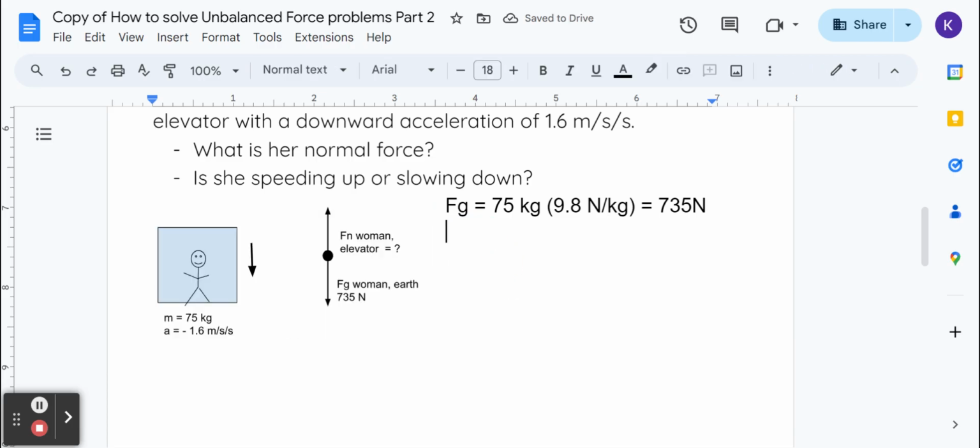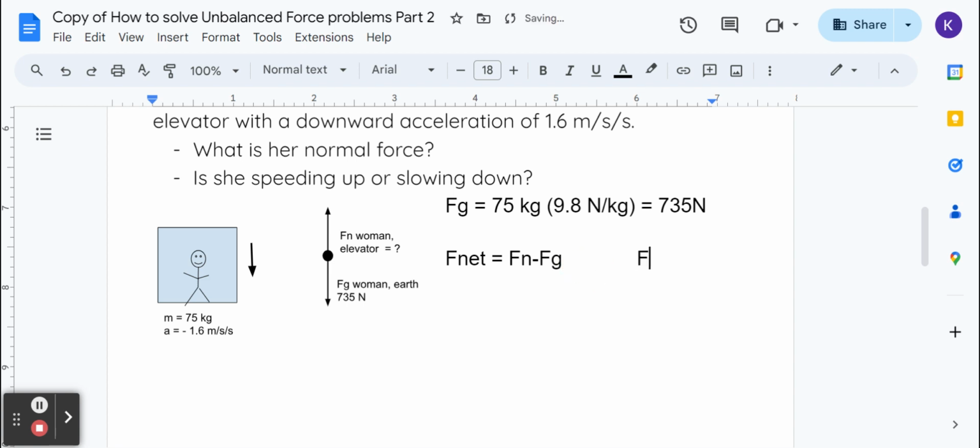I still am going to write the equation F net equals up minus down, because this is a vertical problem, which in this case is Fn minus Fg. But I can't use this equation yet because I don't know the net force and I don't know the normal force. The only force of these three that I know right now is the force of gravity.